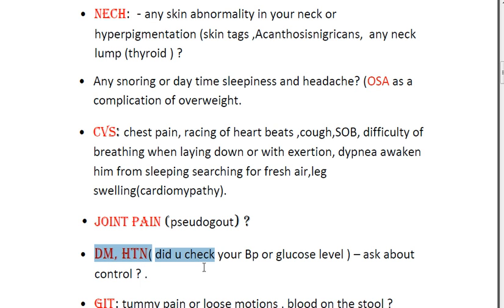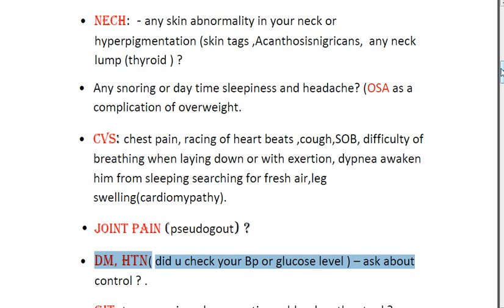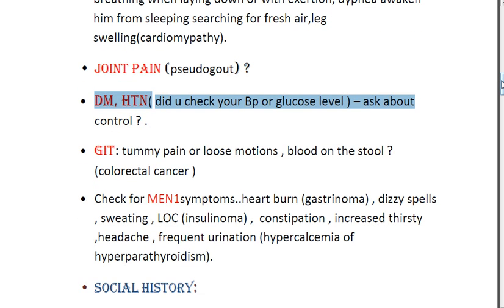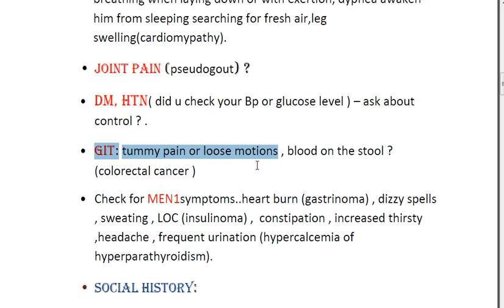Did you check your blood pressure before, your glucose level? Any history of increased thirst or increased frequency of urination, for diabetes. And if there is hypertension or diabetes, you have to ask about their control, as it is an indicator of active disease.